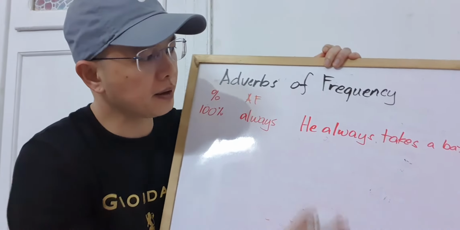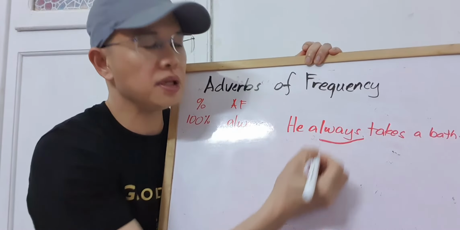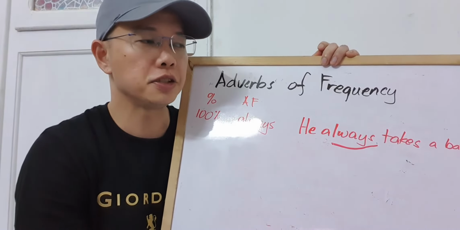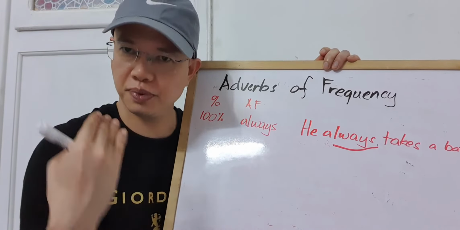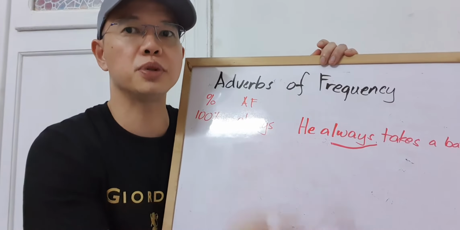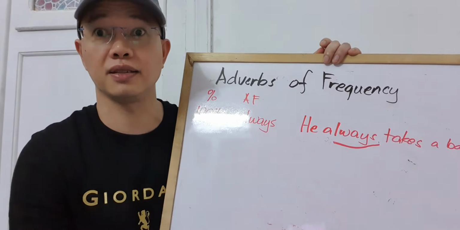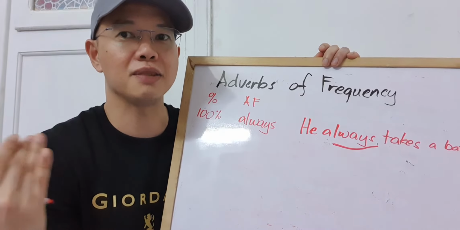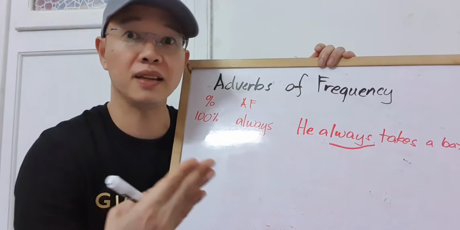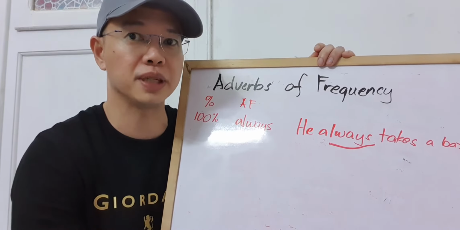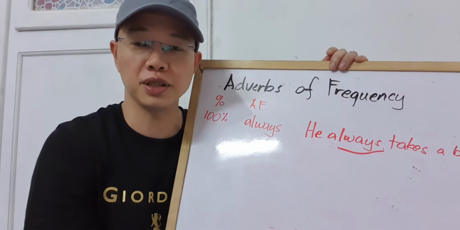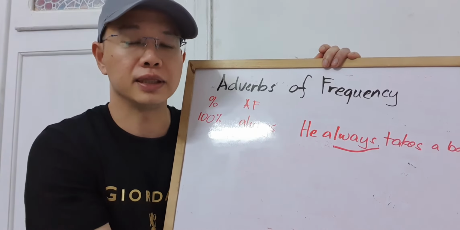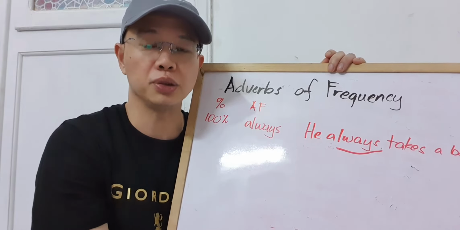The always here means probably every day, every day in the morning or every day in the evening. It depends on the context. In other countries, they always take a bath in the evening before going to bed. But for Filipinos and other Asian countries, probably they always take a bath in the morning before going to work.